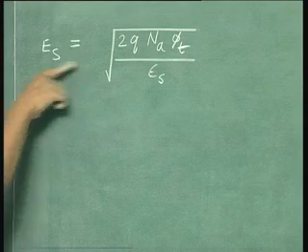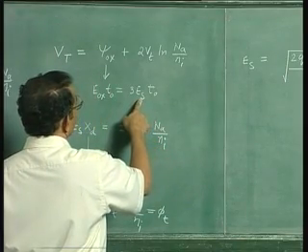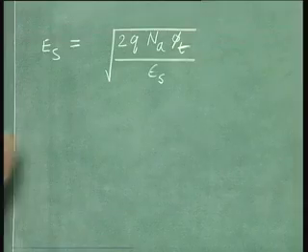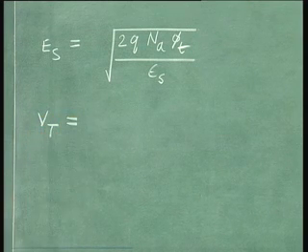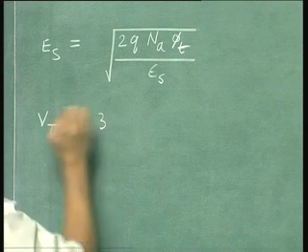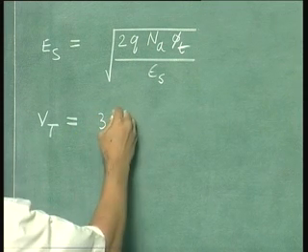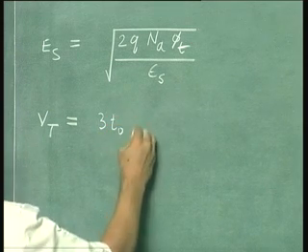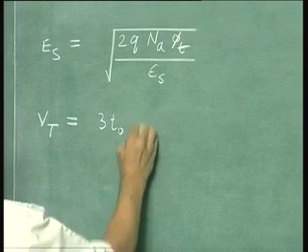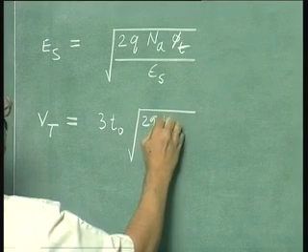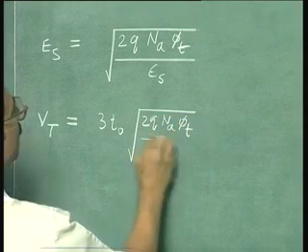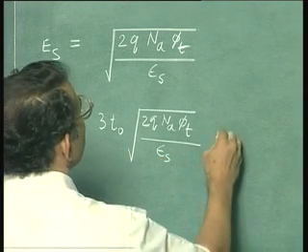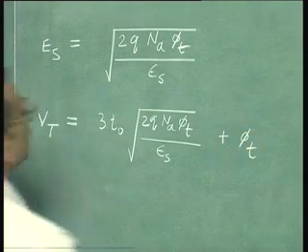Now we can substitute this value of ES here and therefore get this psiox, and we will get the expression for threshold as Vt is equal to 3 times T naught into 2Q Na phi t upon epsilon s plus phi t.